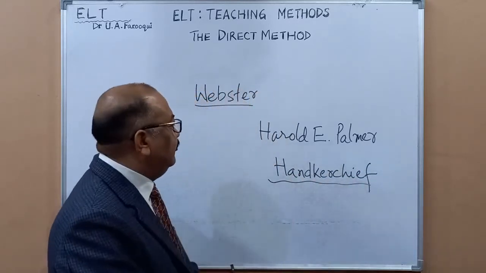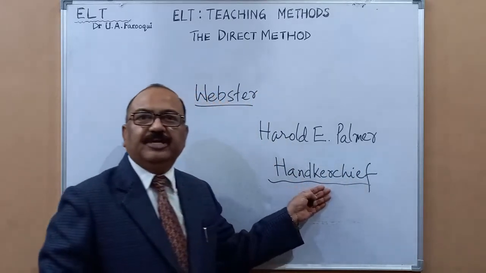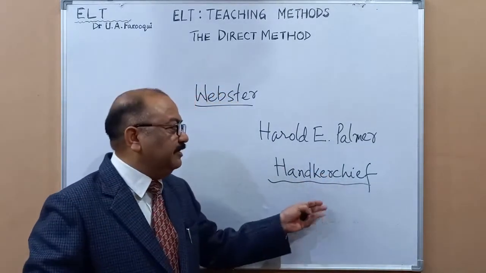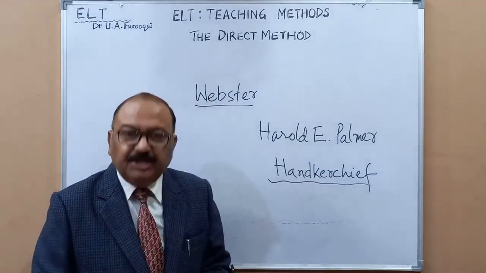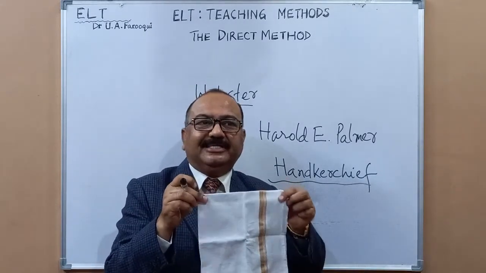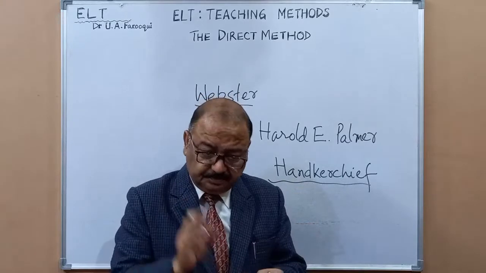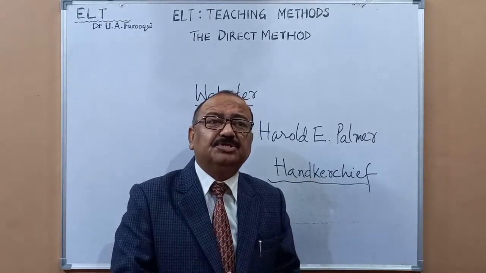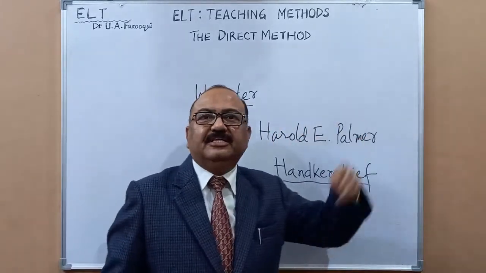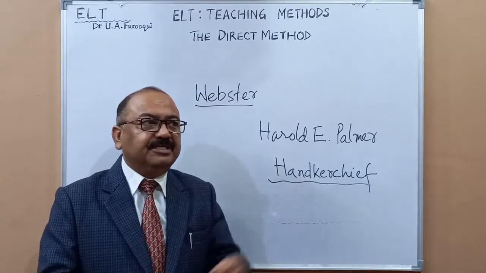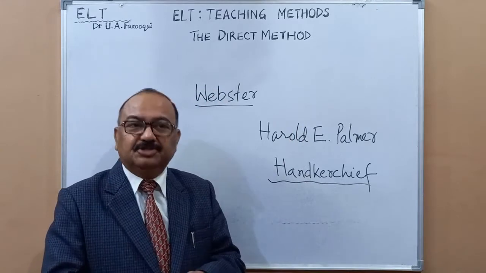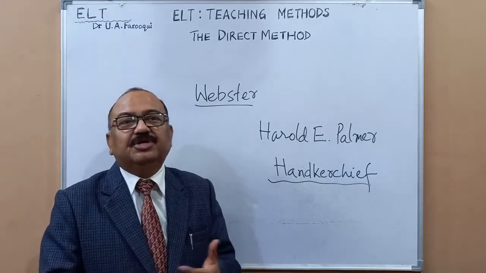So instead of telling the meaning of handkerchief in the mother tongue, what a teacher teaching through the direct method would do is either explain or show. He would show that, well, this is a handkerchief. This is called a handkerchief, right? So pictures are shown, or sometimes they are drawn by the teacher, or the teacher brings charts or some visual images. He uses audiovisual images also to explain the meanings of words to his students.